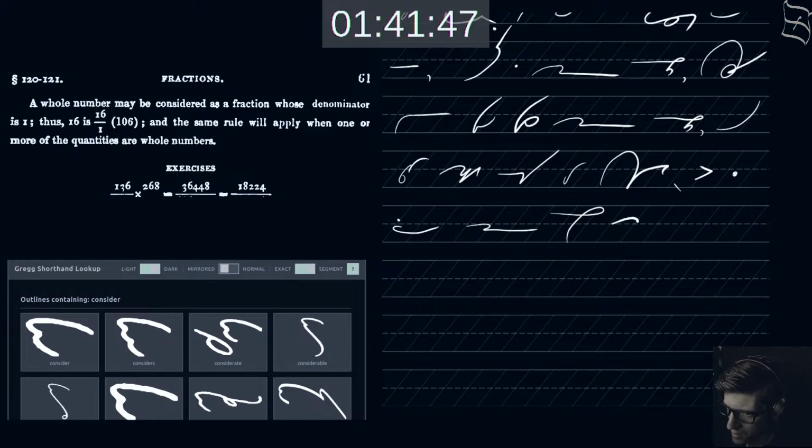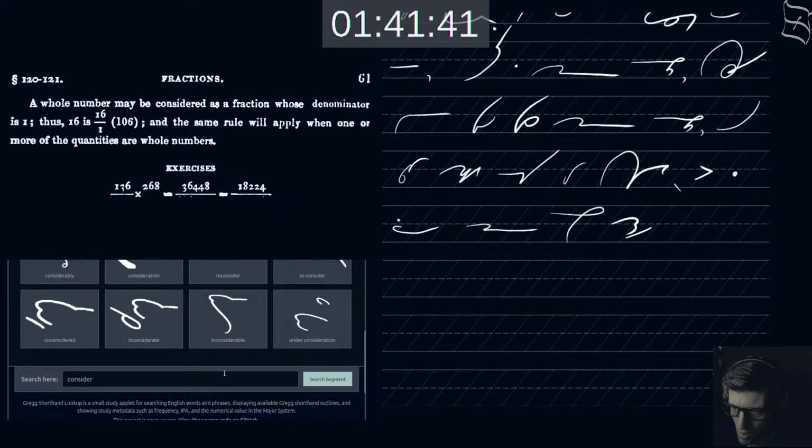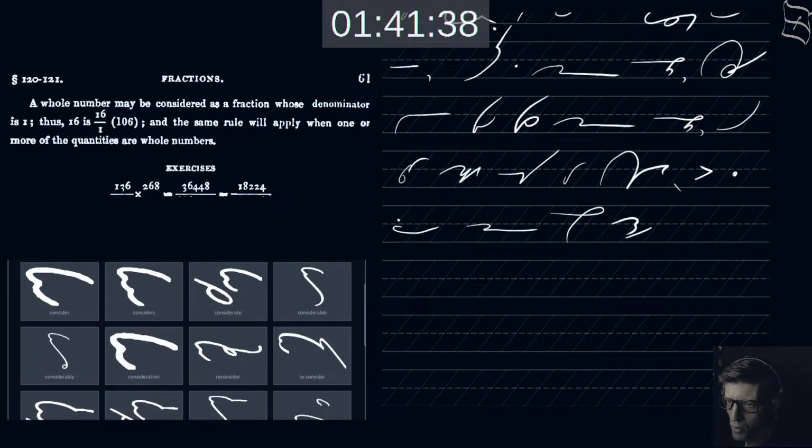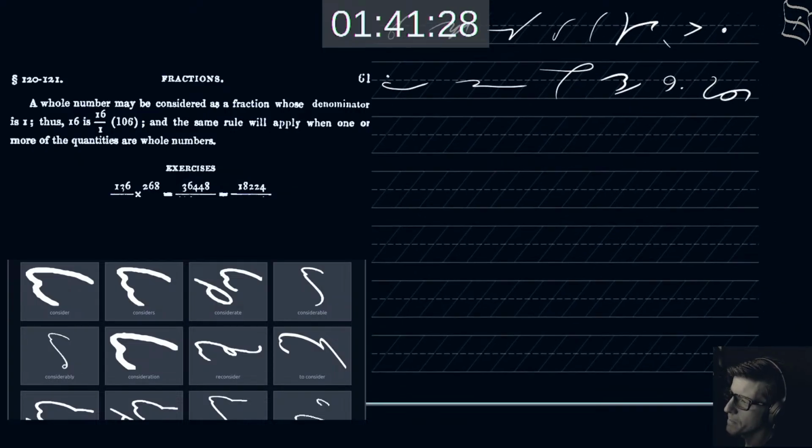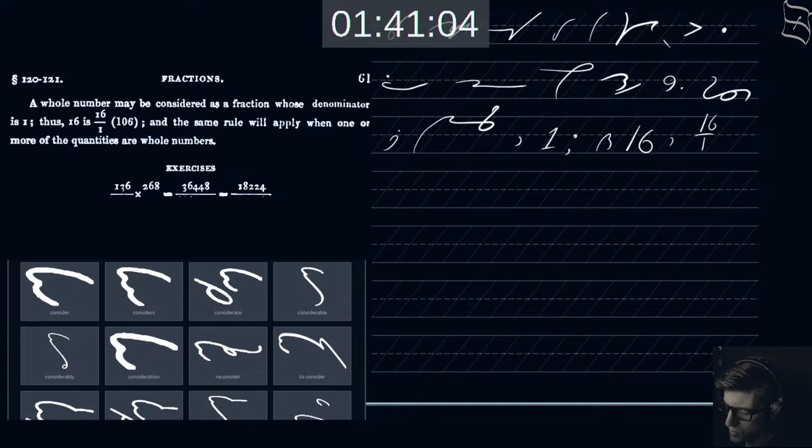And is it disjointed? Yes, disjointed. A whole number may be considered as a fraction whose denominator is 1; thus, 16 is 16 over 1. And that was according to Article 106.